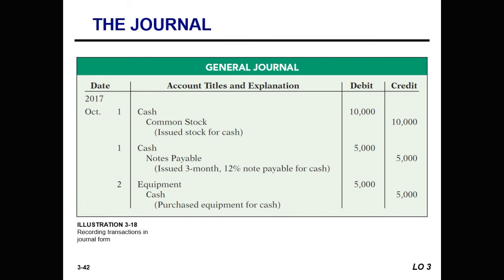The journal itself, other than being the original source that we move everything from to the ledgers, just looking at the journal as you see it in front of you, just shows you what happened in the course of a month. It's not going to tell you what the balances are in particular accounts.